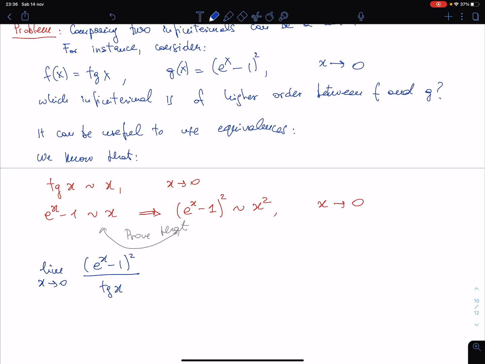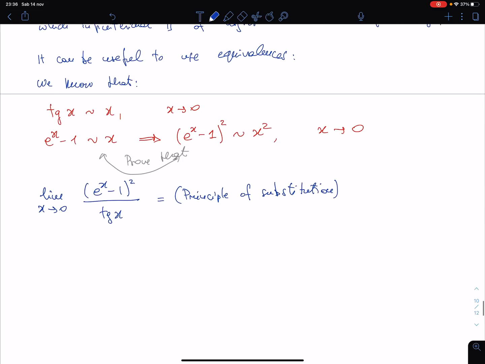Due to equivalences, by the principle of substitution, this is equal to the limit for x going to 0 of x squared divided by x. This is 0, of course.